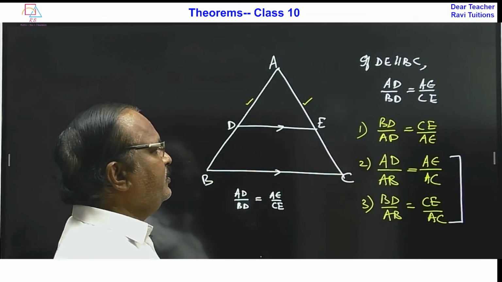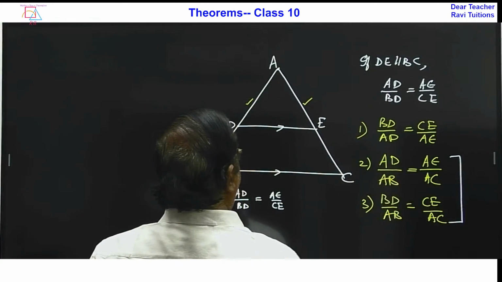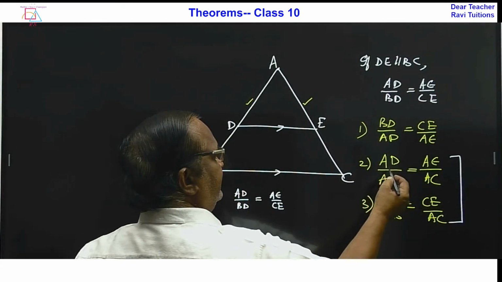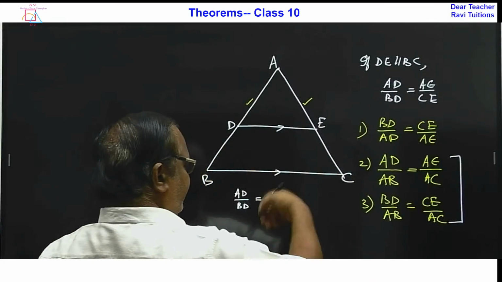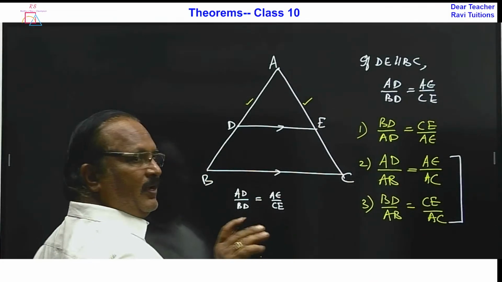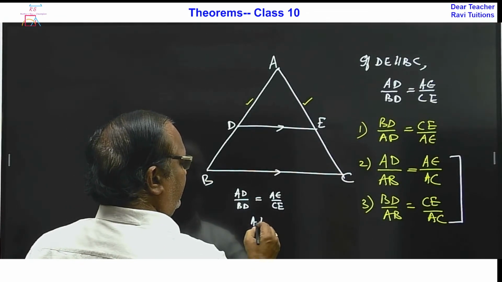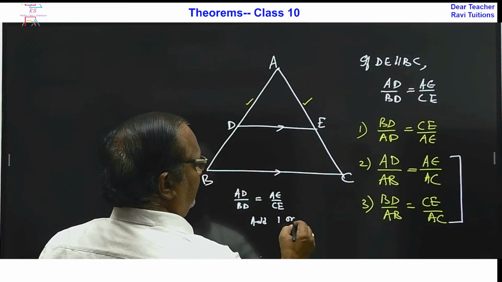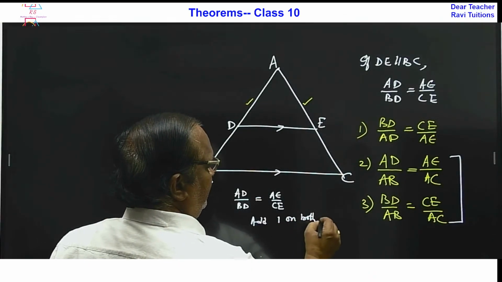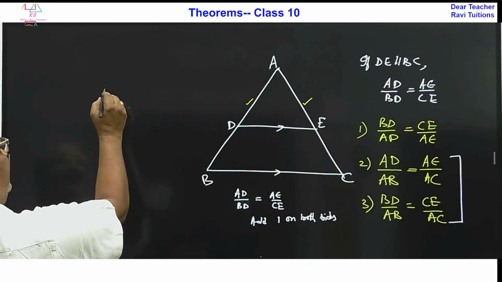This everybody knows. Now AD is there. Whenever AD is there, you can reverse it, take the reciprocal and add 1 on both sides. Now I am not taking any reverse; I will directly add 1 on both sides. If you add 1 on both sides, what happened?